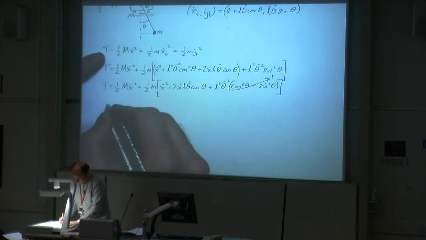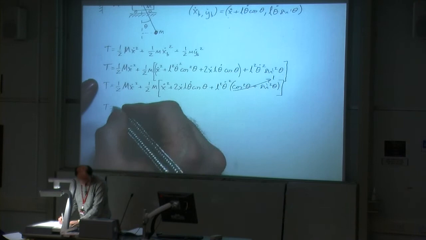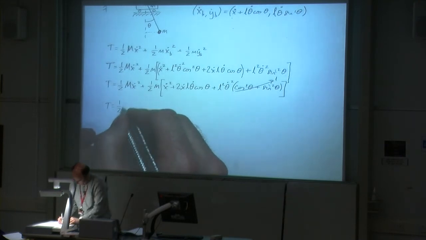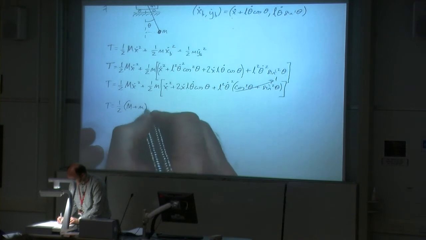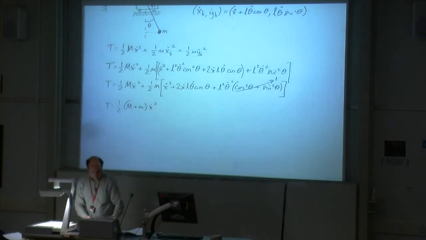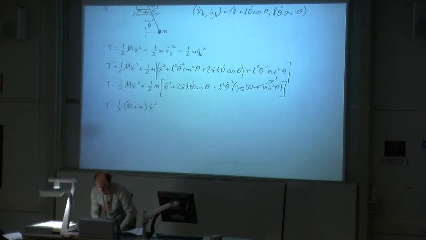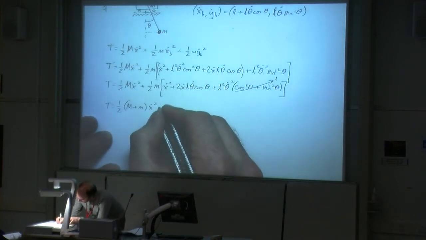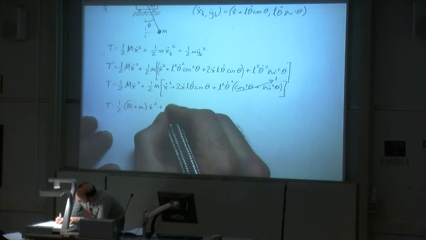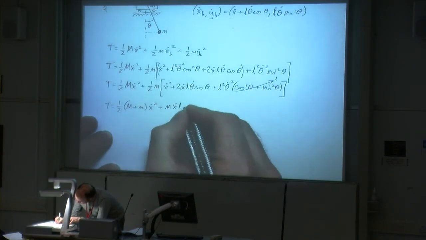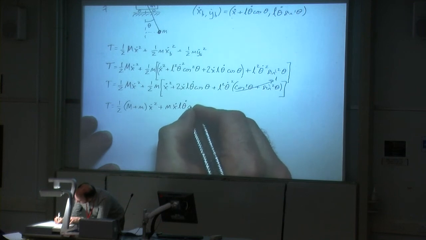And so combining things together, we've got T is 1/2 big M plus little m x dot squared, plus m x dot L theta dot cosine of theta.